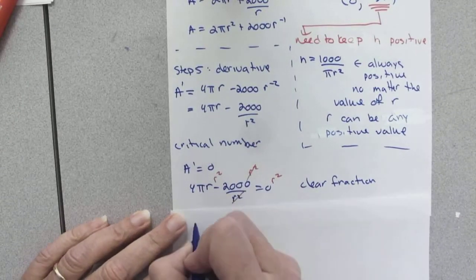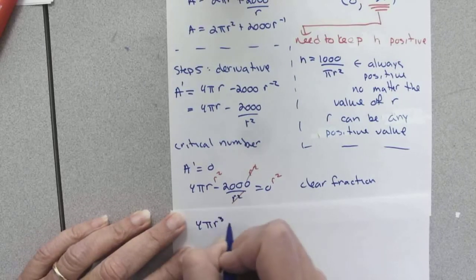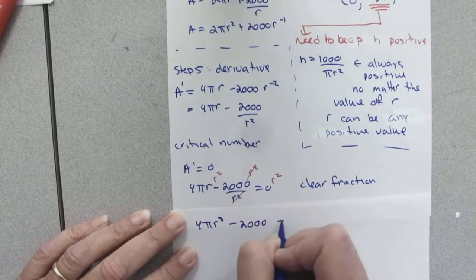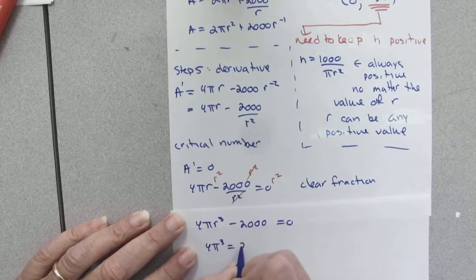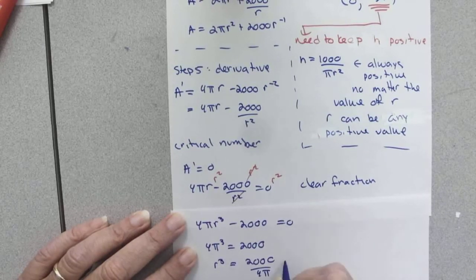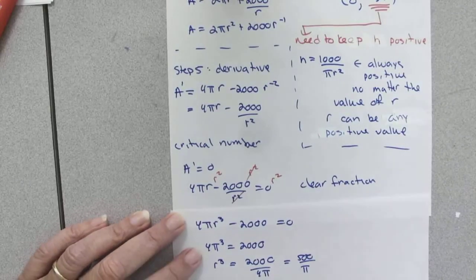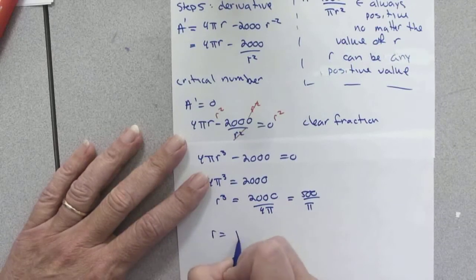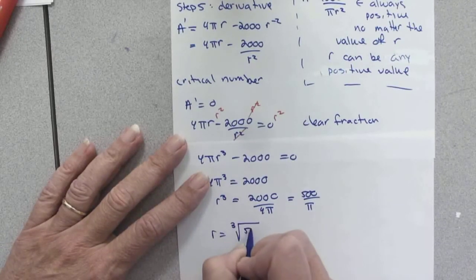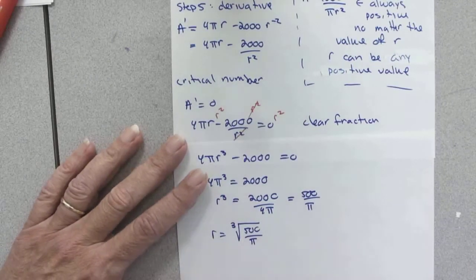And so I'm going to have 4 pi r cubed minus 2,000 equals 0. 4 pi r cubed equals 2,000. R cubed equals 2,000 over 4 pi, which is 500 over pi. R equals the cube root of 500 over pi.